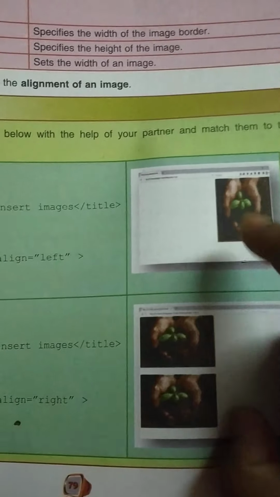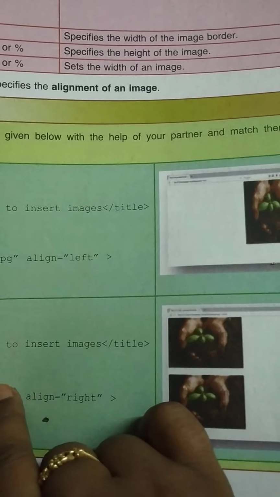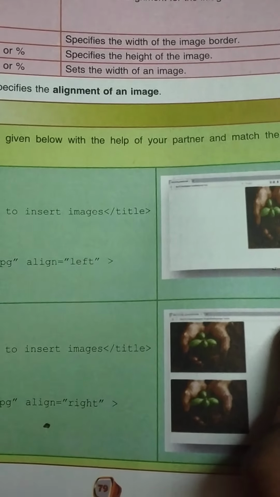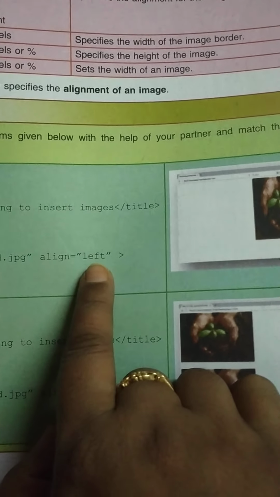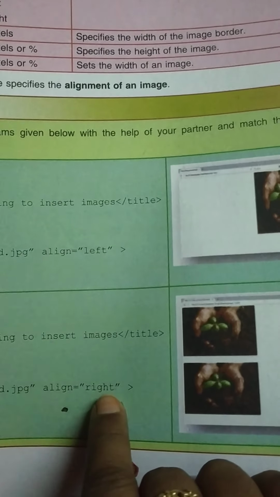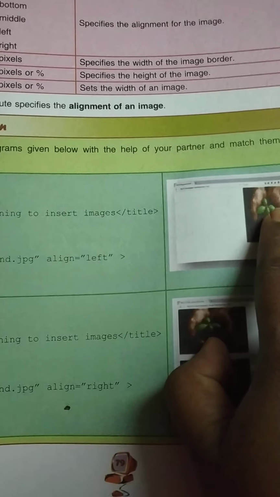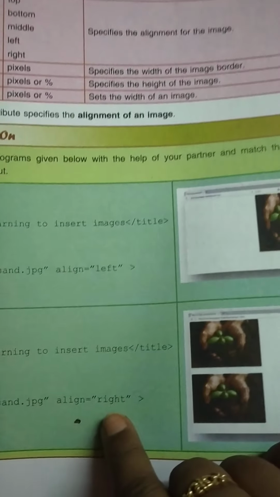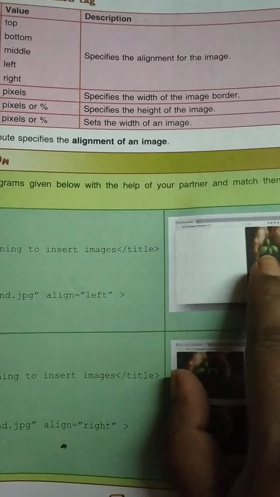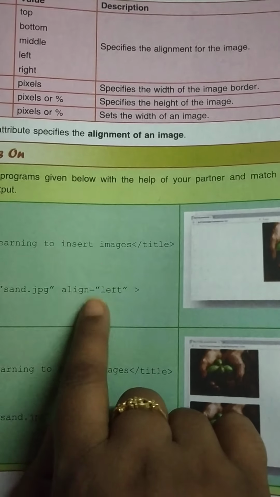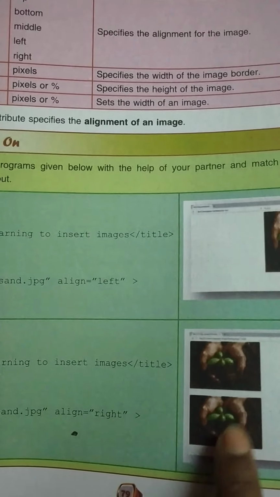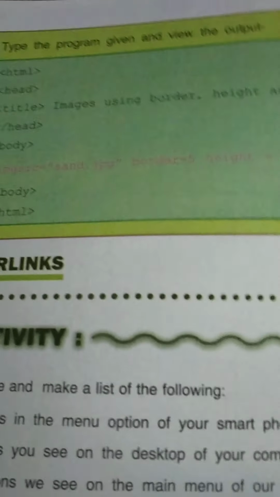Okay, so depending on the two pictures, you have to say which program matches with the web page. Here it is left and here it is right. So of course you can see here the image is at the right hand side. So this program is for this web page, and as the alignment is left here, this program is for this web page. Clear?